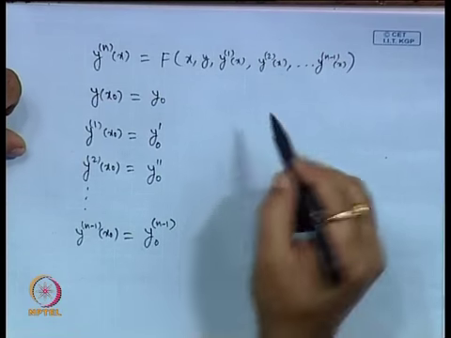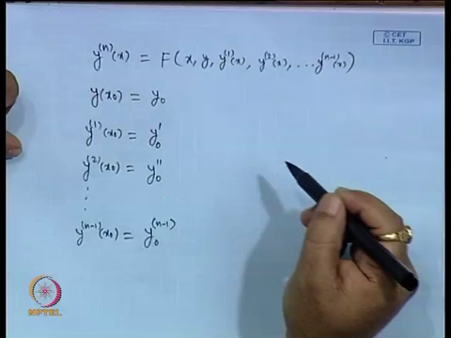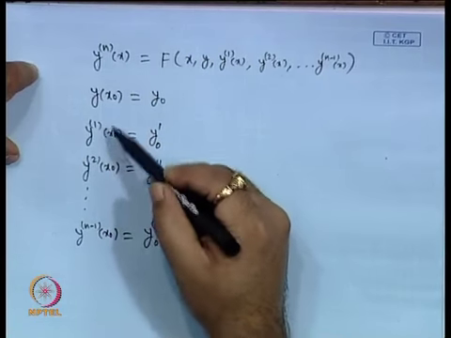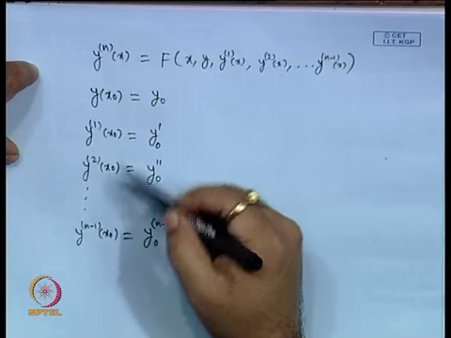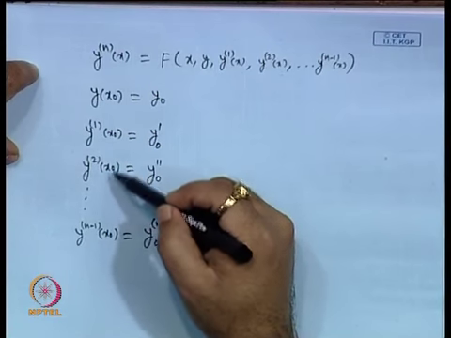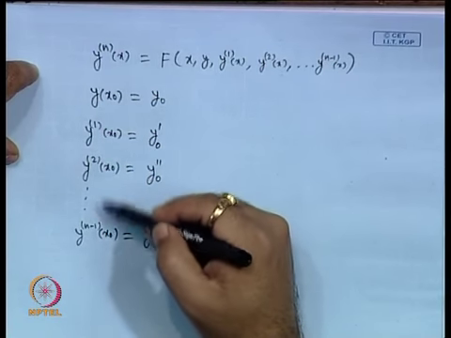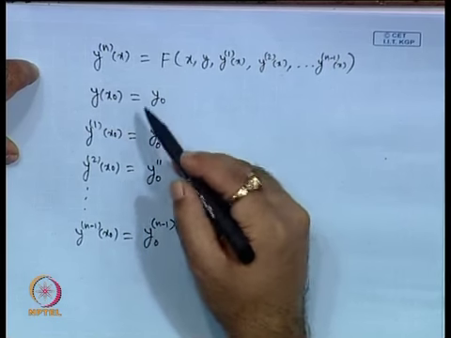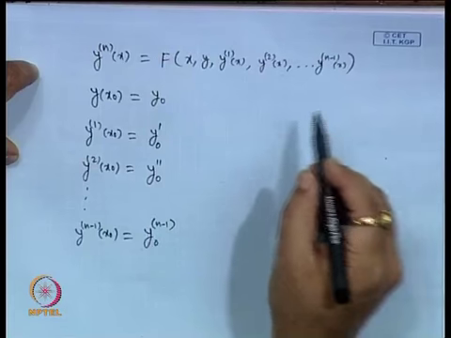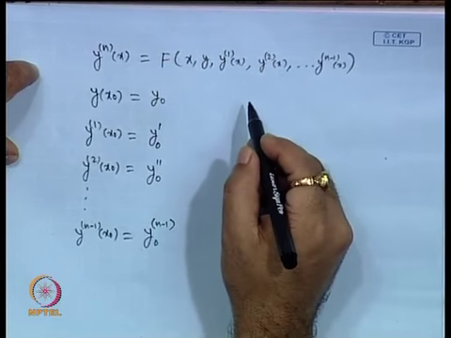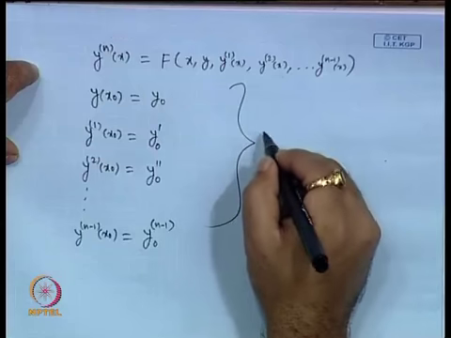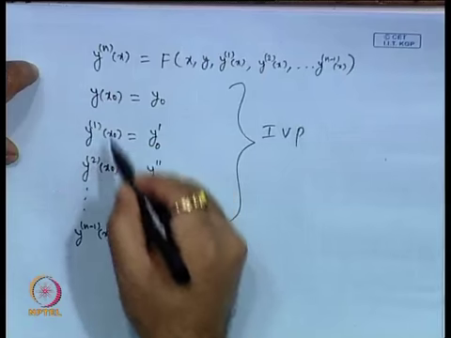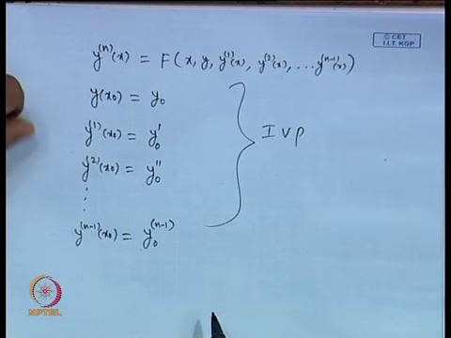So what is the remark here? All the values are defined at only one point. Hence this problem is called an initial value problem, because all the values have been defined at only one point.